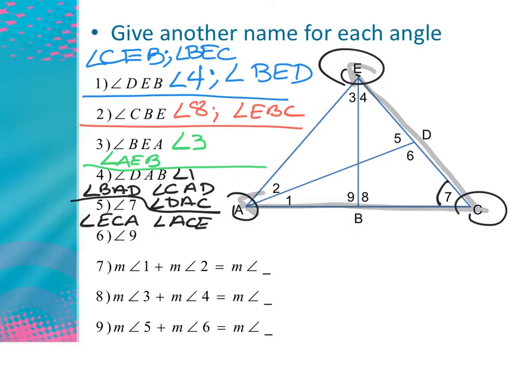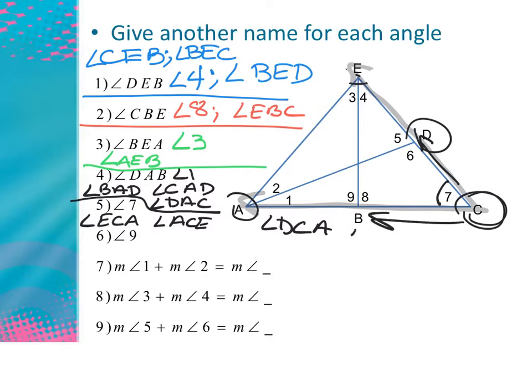Instead of using this E, I can start at the D. So I could go from D to C to A. I could even have stopped here at B and gone from D to C to B, because again, remember, the ray keeps going.